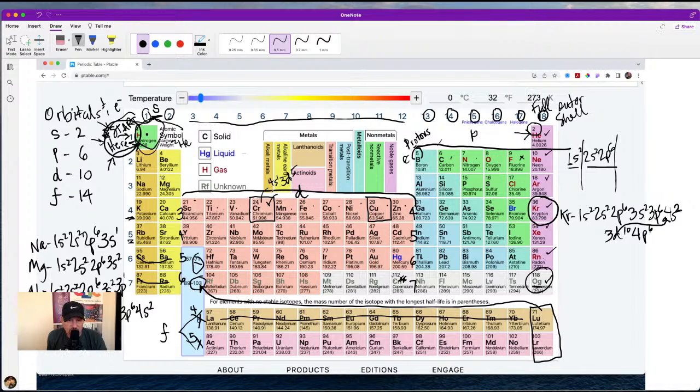So chromium ends up with 4s1 3d5 as its signature line. Copper is exactly the same except it's further along. So instead of its last line being 4s2 3d9, it's actually 4s1 3d10. So copper and chromium are weirdos. Everybody else plays by the rules.